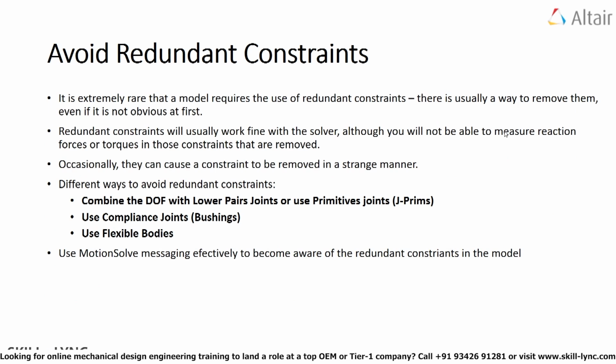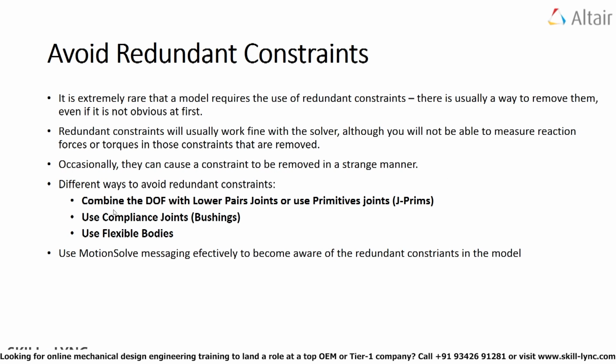It is very rare that a model requires or has some use of redundant constraints. So we now understand that these redundant constraints need to be removed. There are 3 different ways of removing the redundant constraints.